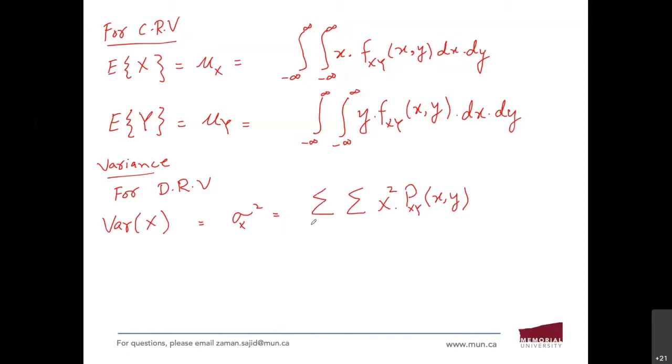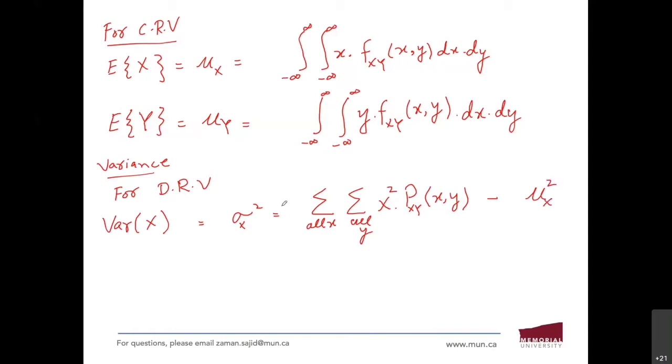This is for all x and this is for all y values. Now the only difference comes here is the x square. Once you solve all this, then you subtract the mu of x square value from this.